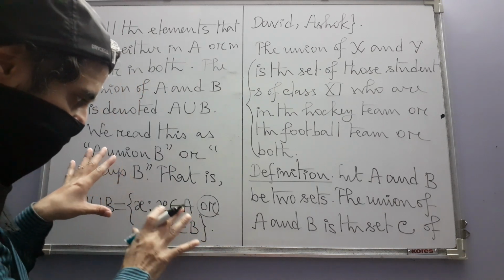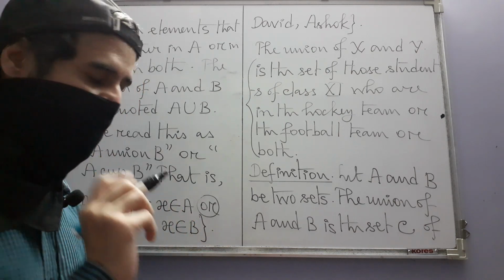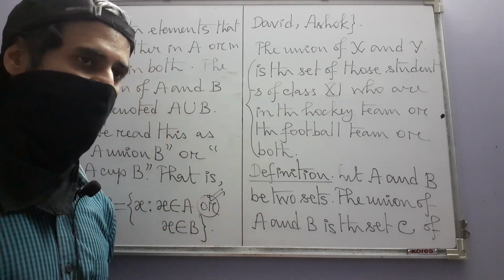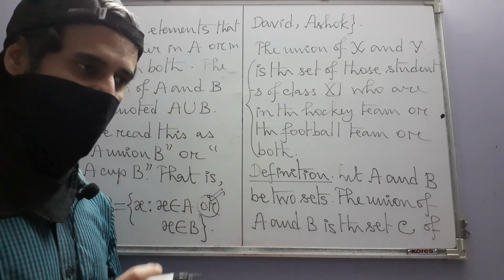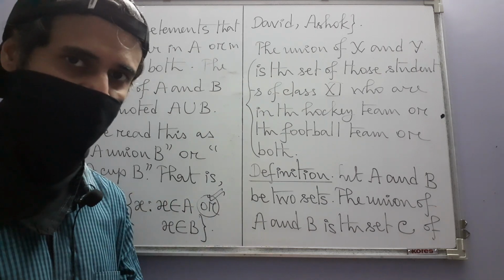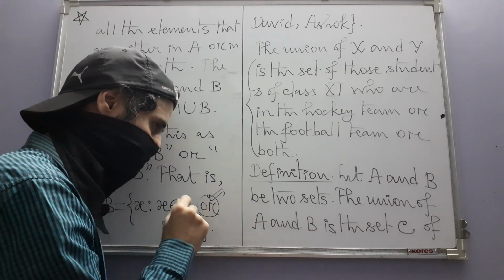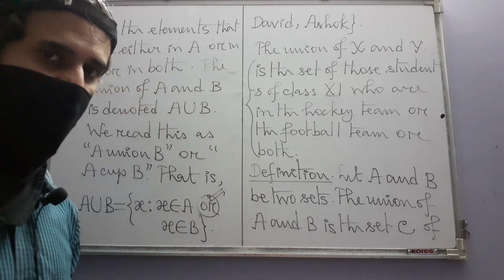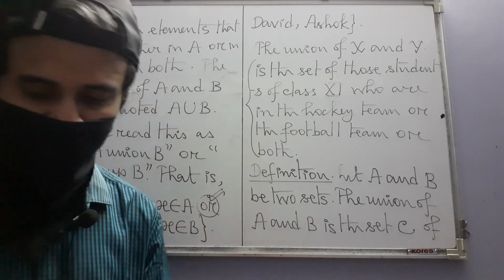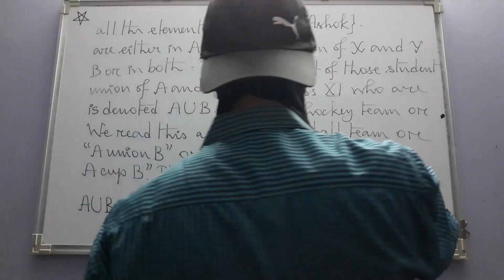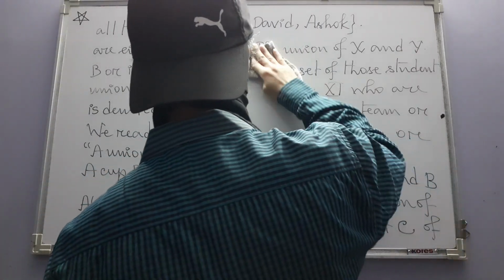So actually this should not be the union, provided you are using the ordinary meaning of the English word or, which means either this thing or that thing. In mathematics, however, the word or has a slightly different meaning, a more inclusive meaning. So let me just discuss that meaning a little bit.